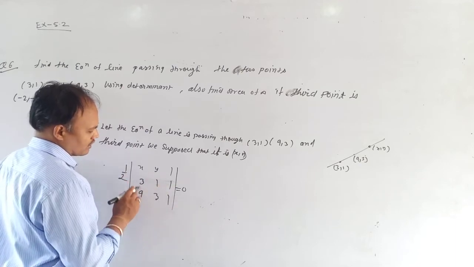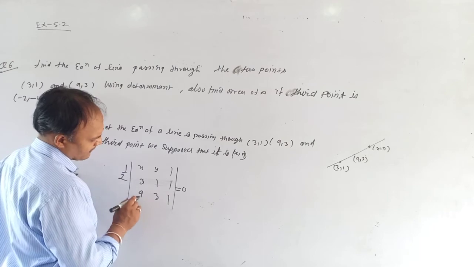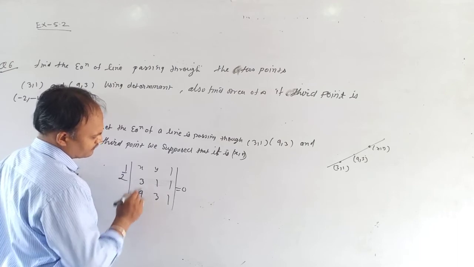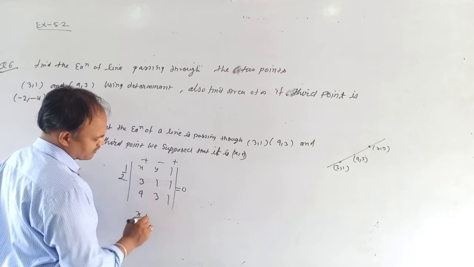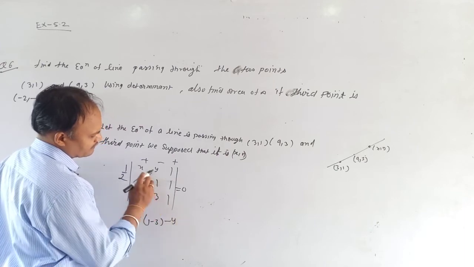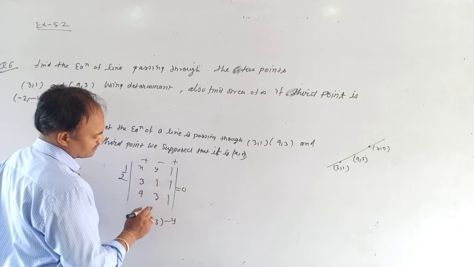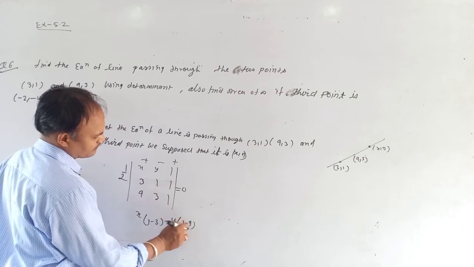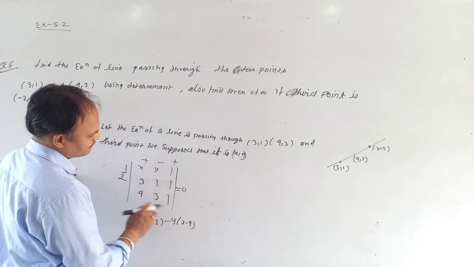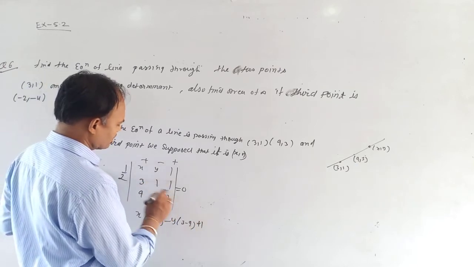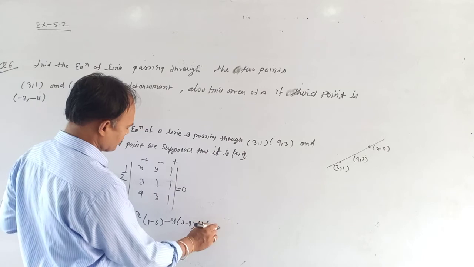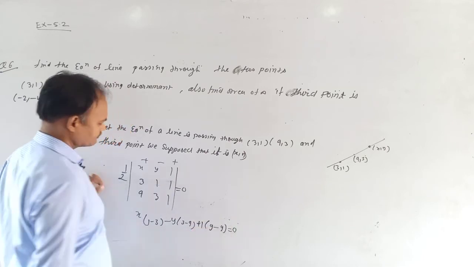Now we are going to solve with plus minus plus, so it is x times (1 minus 3), minus y times (3 minus 9), and plus 1 times (9 minus 9) equal 0.